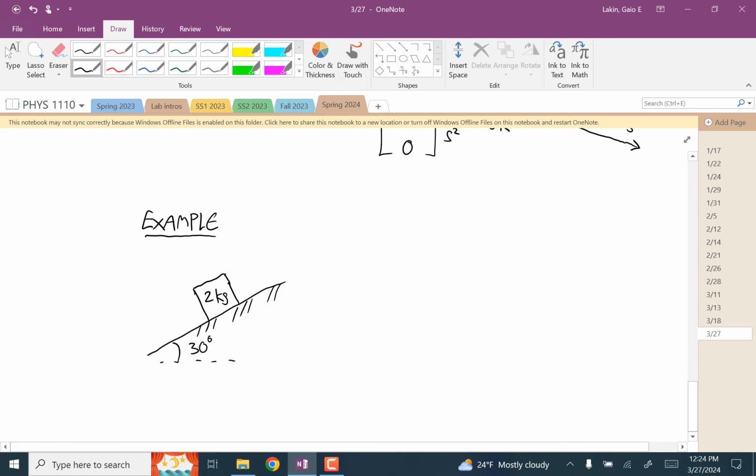And at the instant shown, let's say the block is moving down the ramp. So you can think of this as the direction of the velocity vector. That's the direction it's moving. We need that because, remember, the direction of the friction force is always opposite the direction that it's moving. And let's say that the coefficient of friction between the block and the ramp is 0.1. And we want to calculate the acceleration vector.